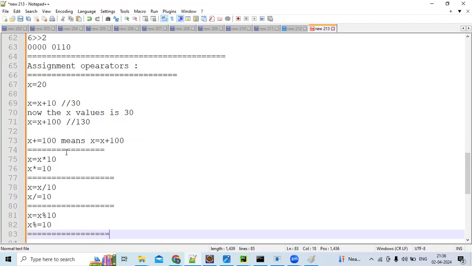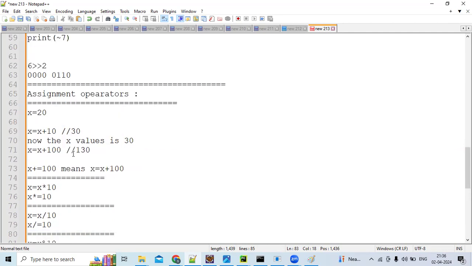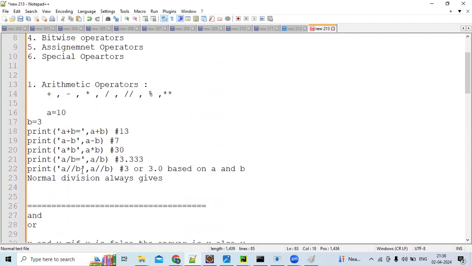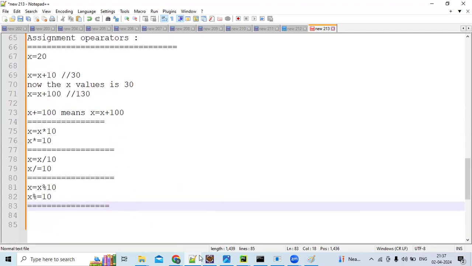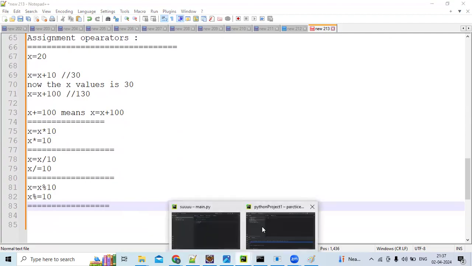So you can write a shorthand operator for any operation. Now let's go to ternary operators. What is a ternary operator? Guys, any idea about what a ternary operator is?